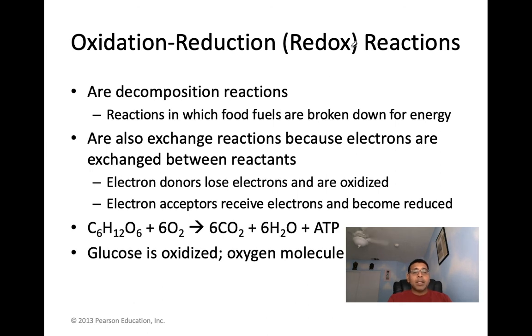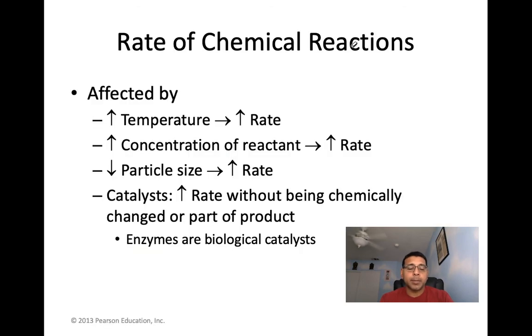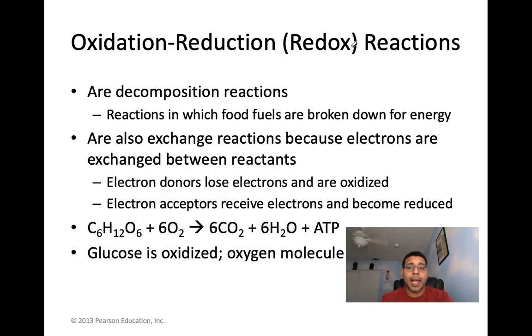The reactant taking up the electrons is called the electron acceptor, and it's said to become reduced. So you have to know how to use the terms oxidized and reduced. So all three reactions, and then we saw the redox reactions.